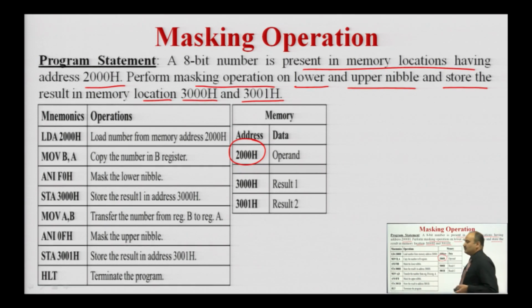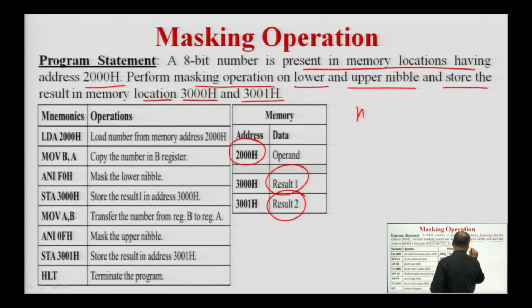Here two consecutive memory locations are given: 3000H is used to store result 1 and the 3001H memory address is used to store result 2 of the masking operation. A nibble is nothing but a group of 4 bits.